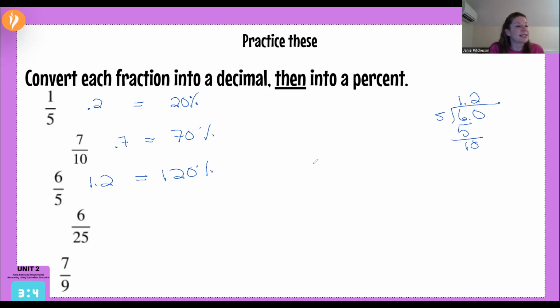6/25, so 6 divided by 25. That's going to go twice. So 50, 25. Is that right?